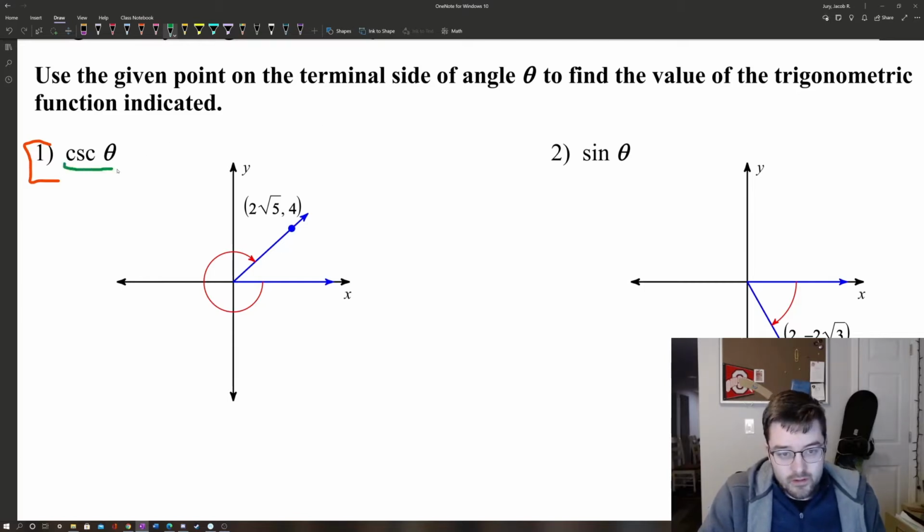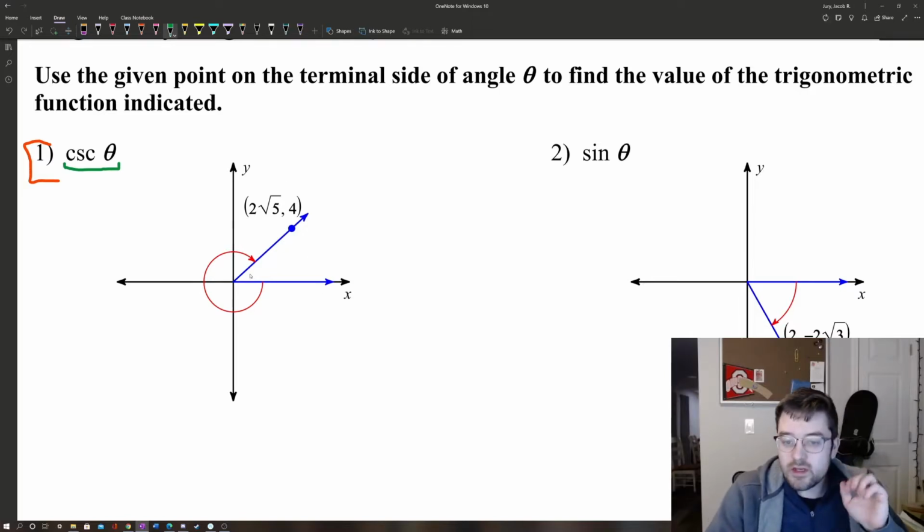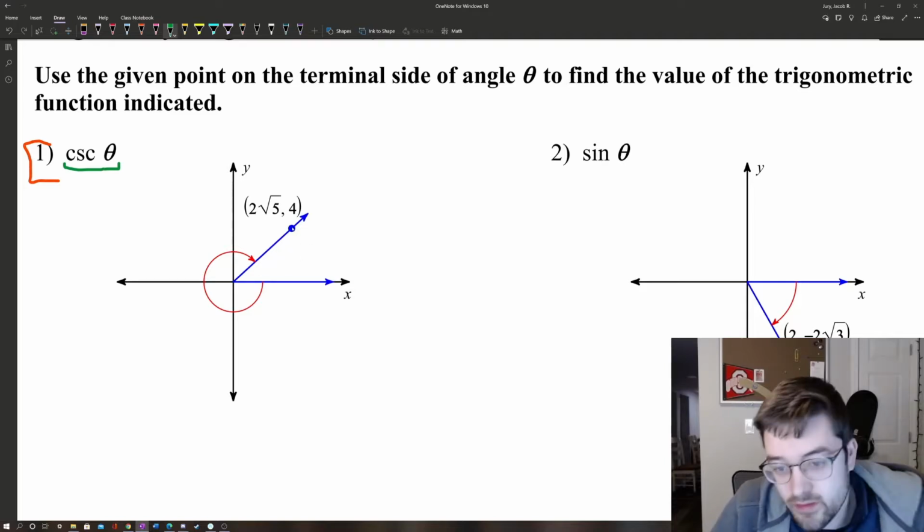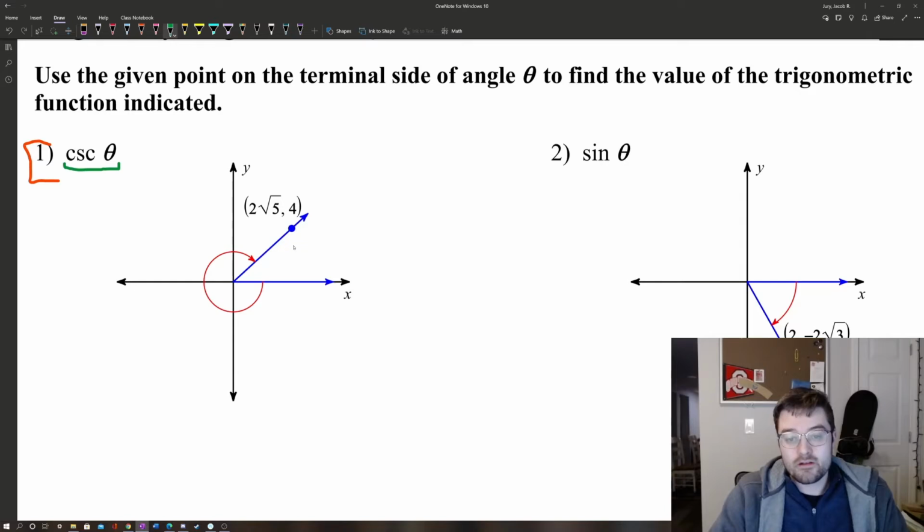So we want to know cosecant of theta with the initial side and the terminal side of this angle. So we want to know the side lengths of the triangle that this creates.